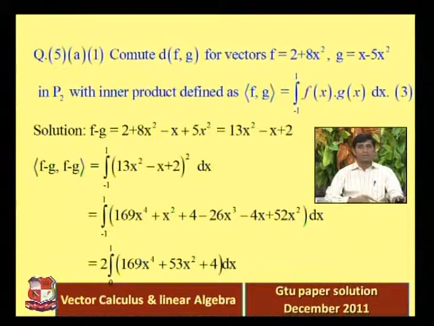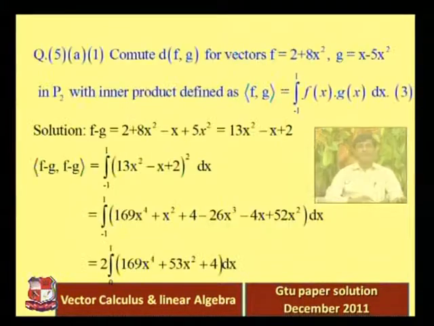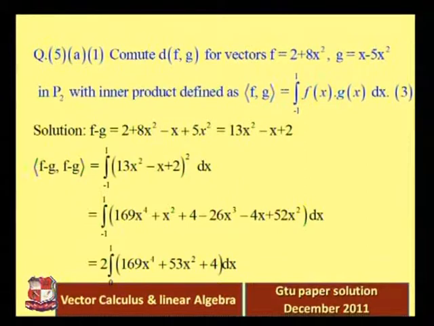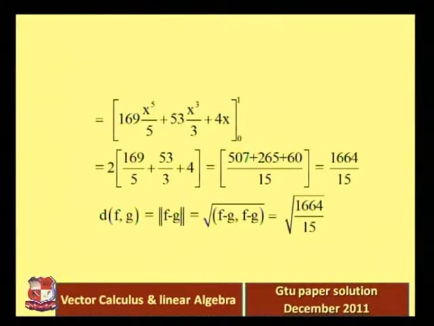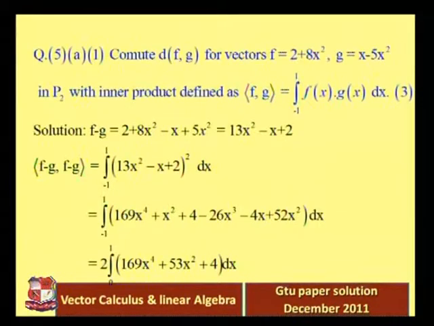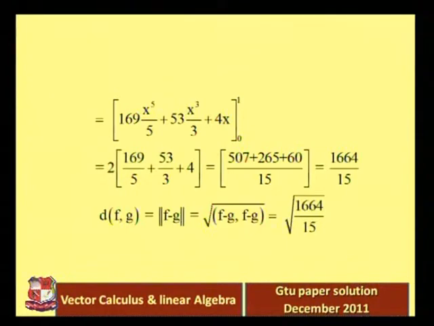Okay, so 2 times 169x raised to 5 upon 5 plus 53x cube by 3 plus 4x, integration from 0 to 1.